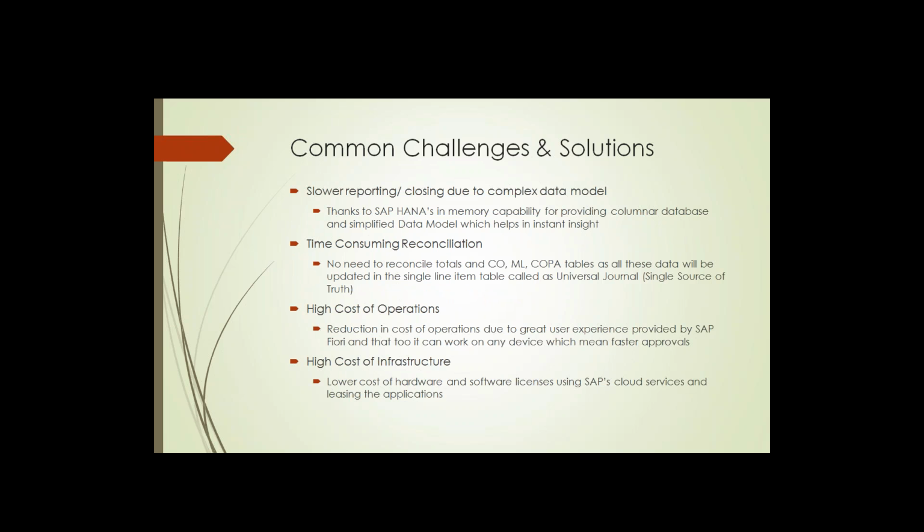The reason is there are some problems in the existing ERP which are faced by the businesses who are using SAP ERP as of today. So in order to overcome those challenges, SAP came up with the new technology called SAP S/4HANA, or I'll not say new technology, let's say the new version of SAP.